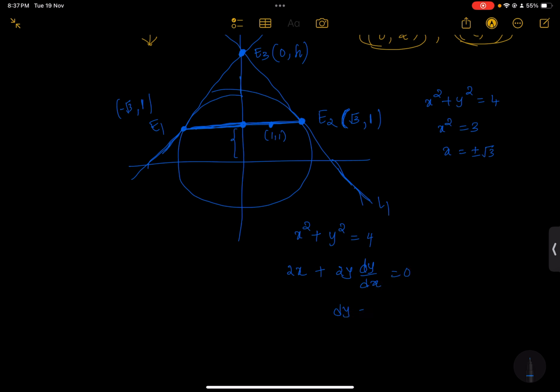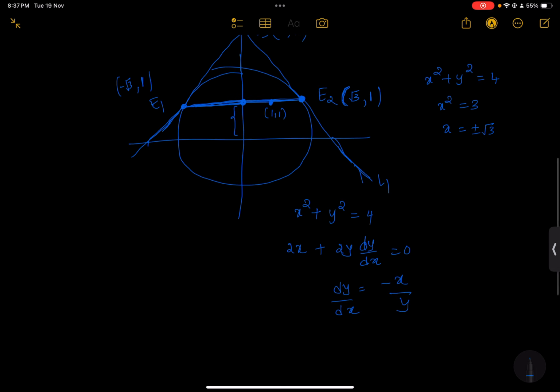So dy by dx is equal to minus x upon y. If you find dy by dx at E2, that will be the slope of L1. So minus root 3 by 1, that is minus root 3. So the slope is minus root 3.